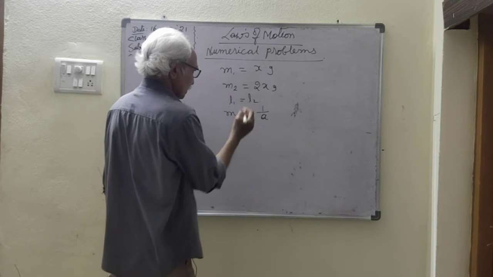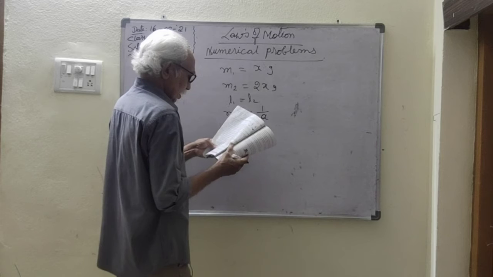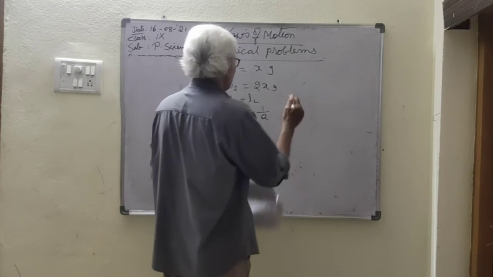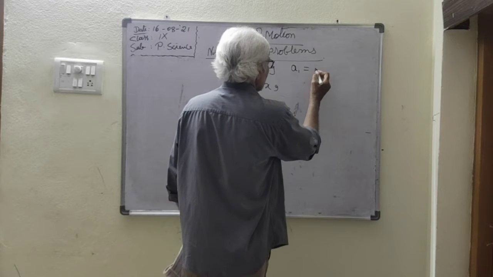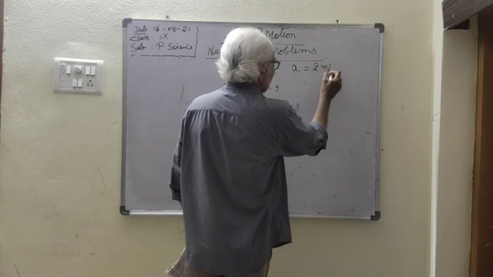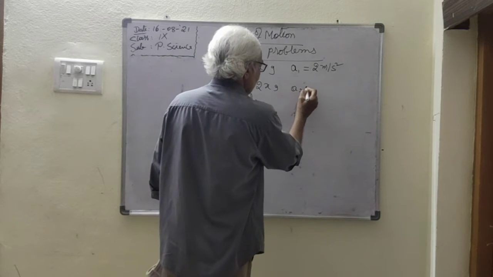So according to this, m1 acceleration a1 is equal to 2 meters per second square. What is the a2 acceleration?